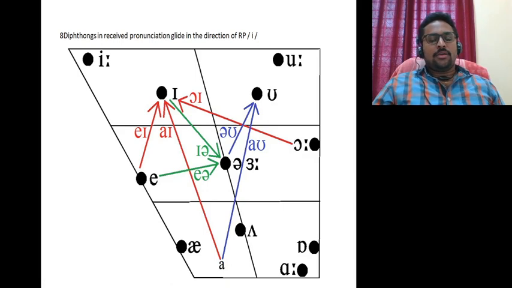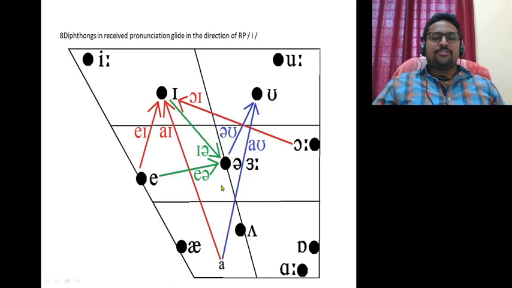Three sounds are generating at different parts and gliding towards the received pronunciation short E. These three sounds are ending at the place of short E, right?